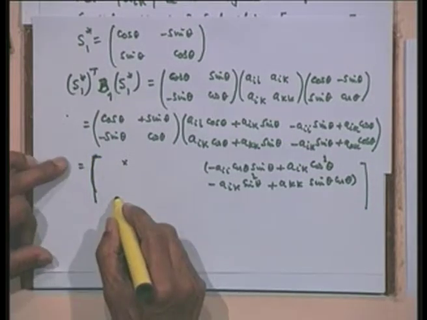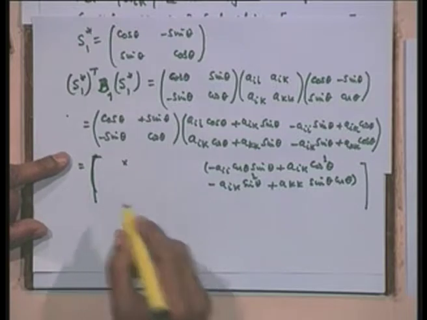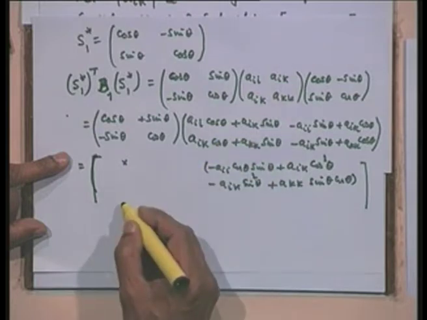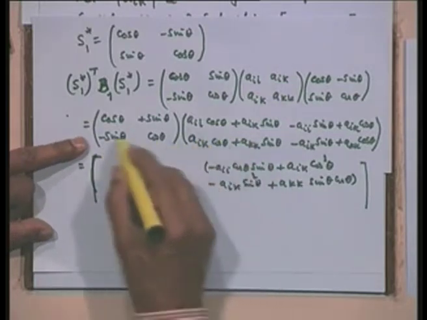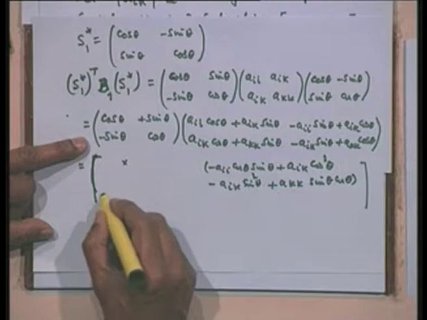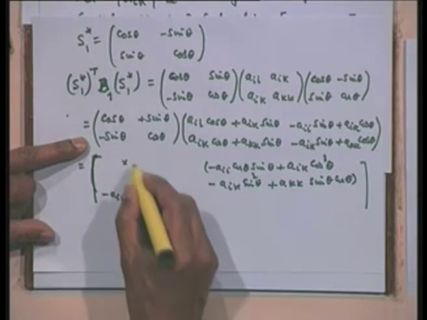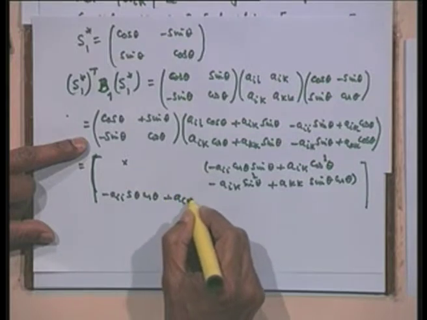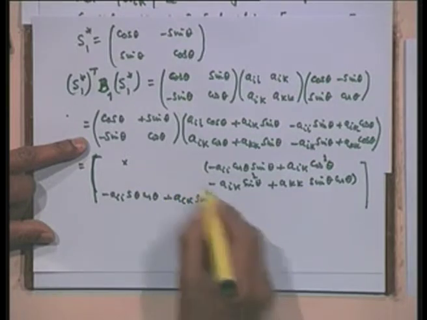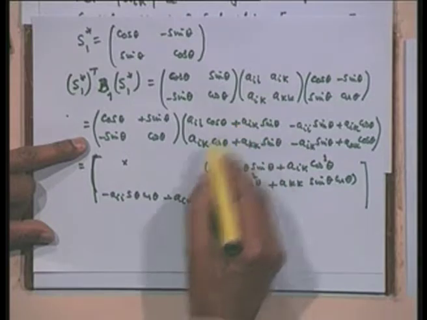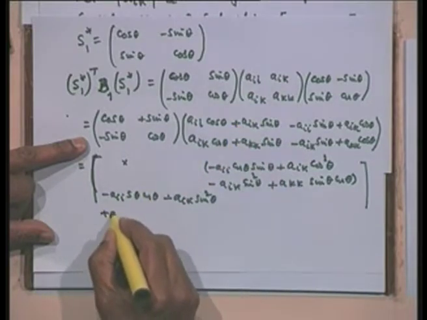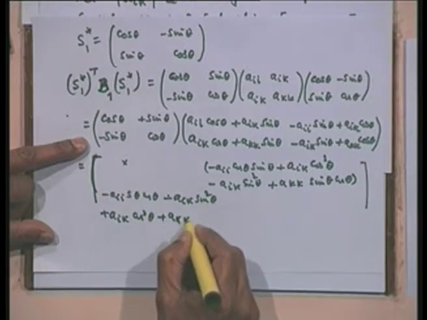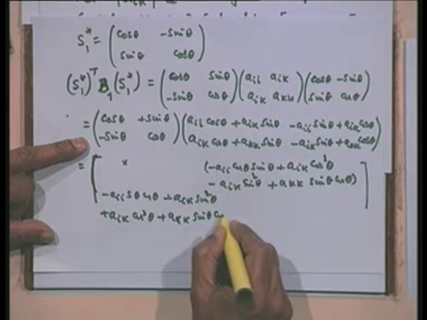Now, let us write down this element. This element, because of symmetry, has to be the same, because we started with a symmetric matrix, therefore this will also be symmetric. Now, if I multiply it out, I will get minus a_ii sin theta cos theta minus a_ik sin square theta (I am multiplying this minus sin theta with this) and cos theta, plus a_ik cos square theta plus a_kk sin theta cos theta.